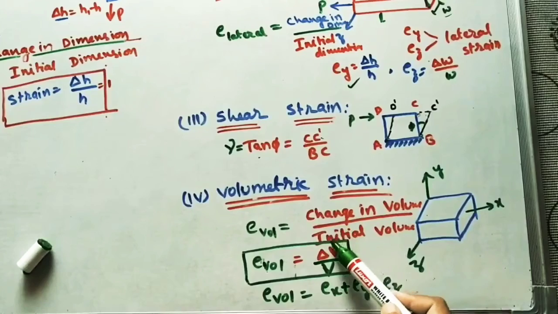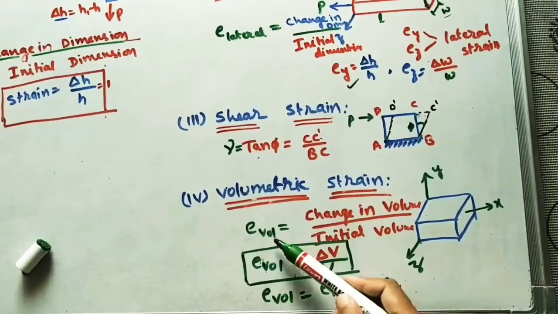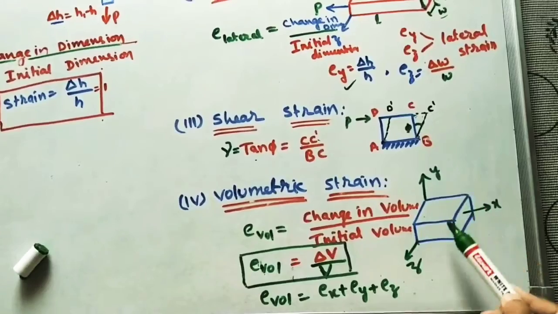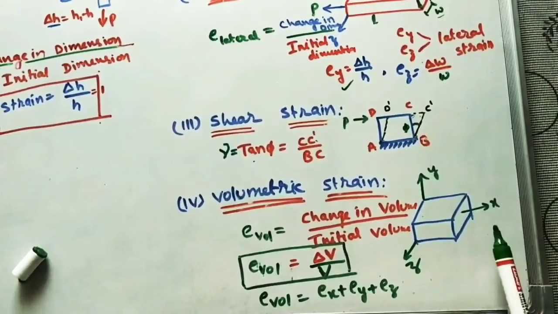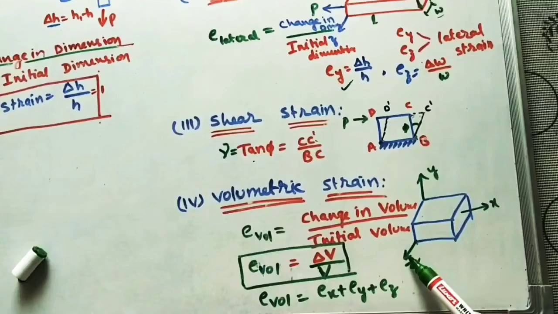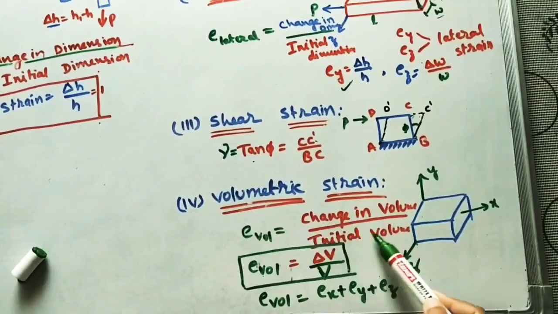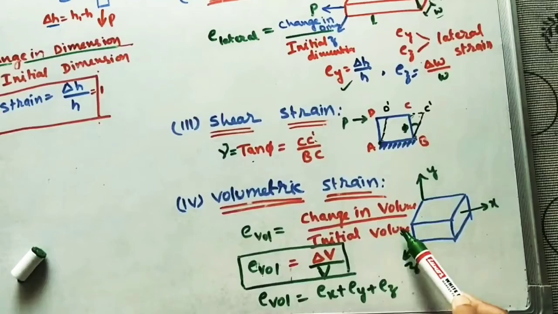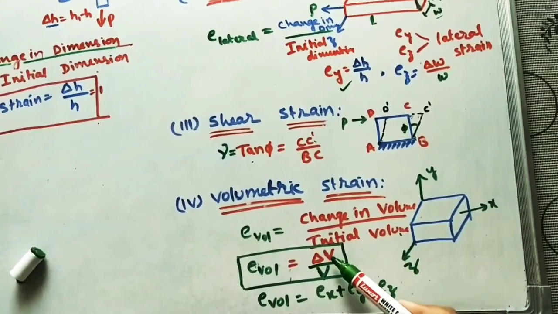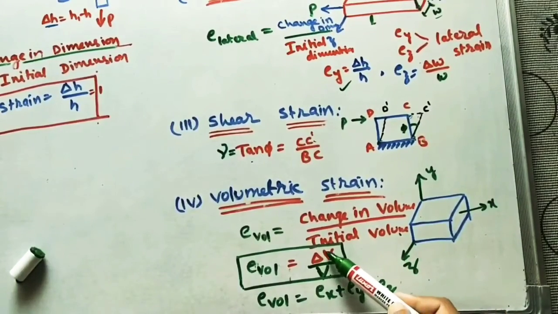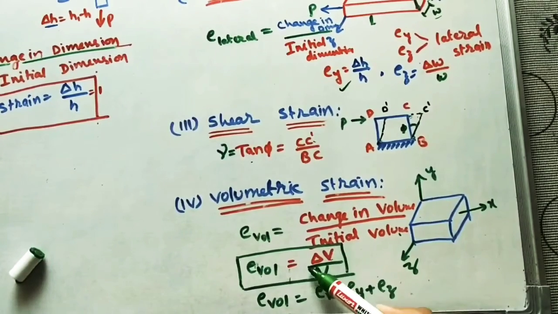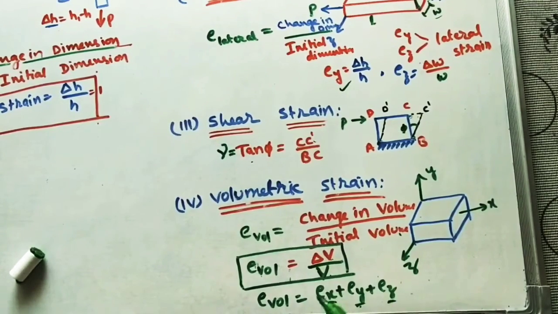That change in volume to the initial volume, before applying the forces, is called volumetric strain. So it is del V by V, where del V means change in volume, divided by the initial volume V. Or we can find the strain along the x-axis, y-axis, and z-axis, which together give the total volumetric strain. So we can use these two formulas for finding this strain.